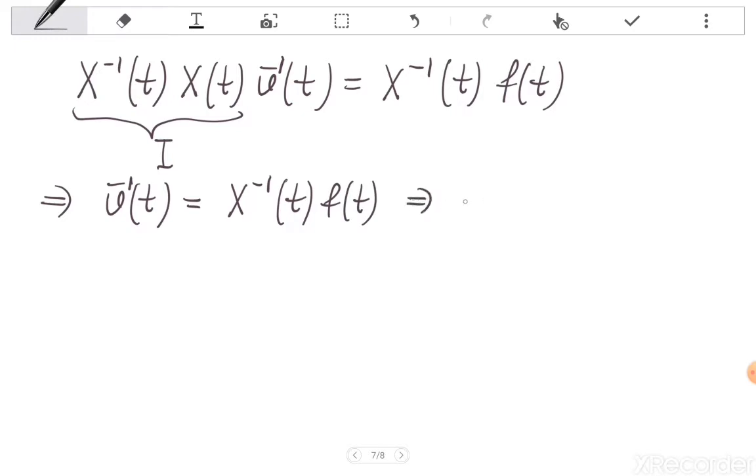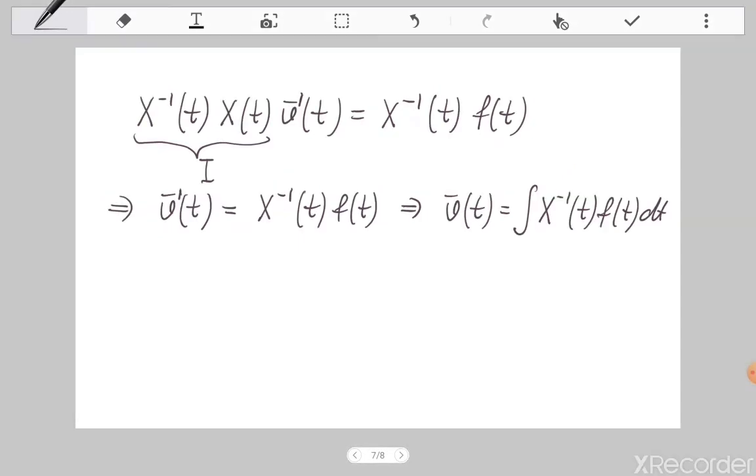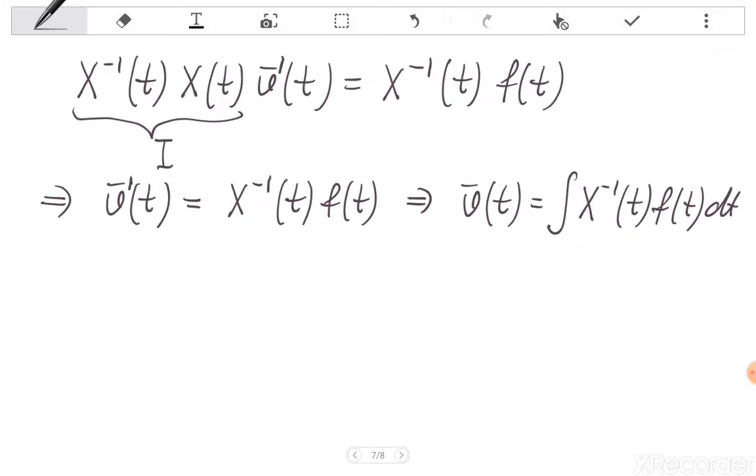Then, finding v, we take the integral of x inverse of t f of t dt, and now substitute into the particular solution. The particular solution is x times v, right?